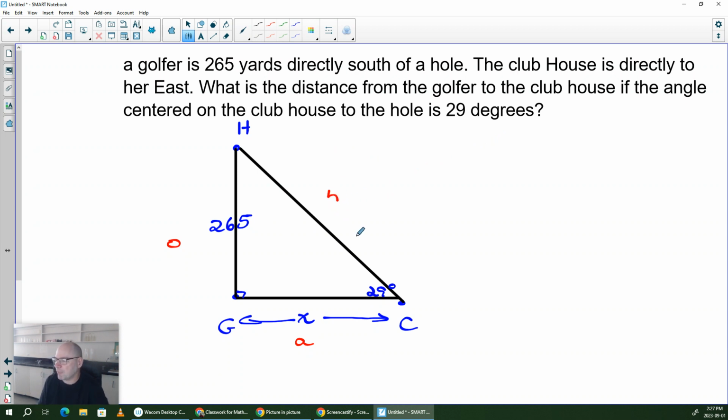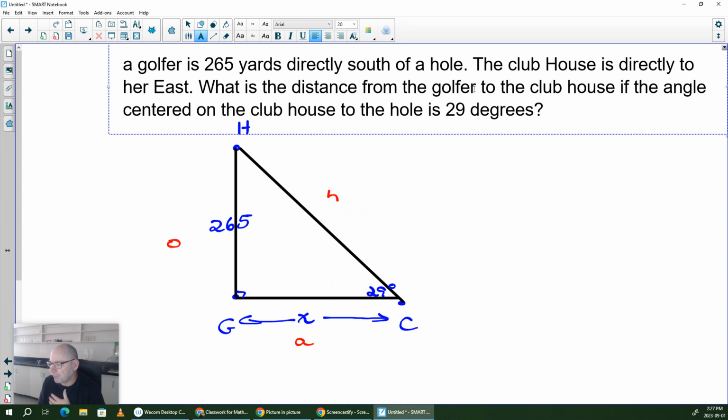What is the distance from the hole to the clubhouse? So that we've got to find the hypotenuse instead. We don't want to use tan. We did that a couple of times ago already. So let's just switch that one around from the hole to the clubhouse.